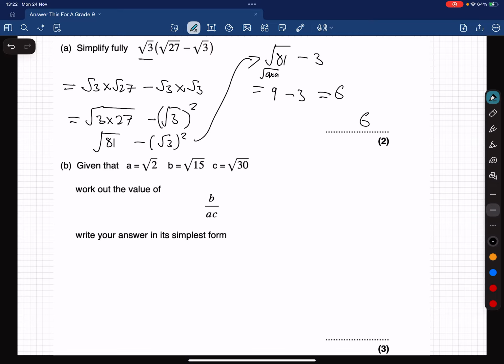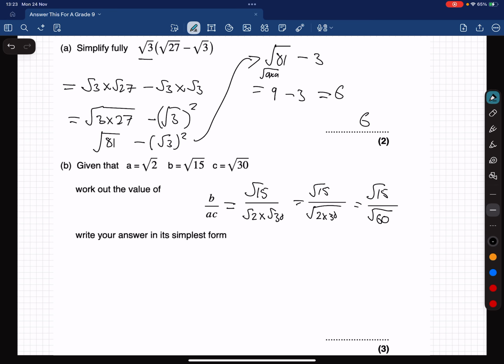So work out the value of B over AC. This is equal to root 15 over root 2 times root 30, which is equal to root 15 over the square root of 2 times 30. And this is equal to root 15 over root 60, since 2 times 30 is 60.